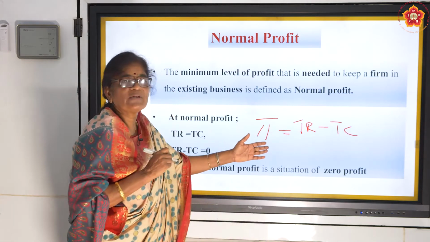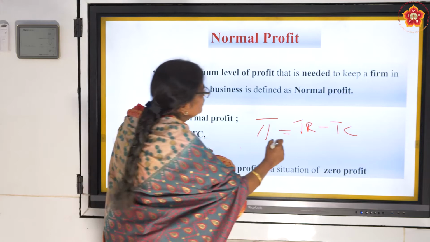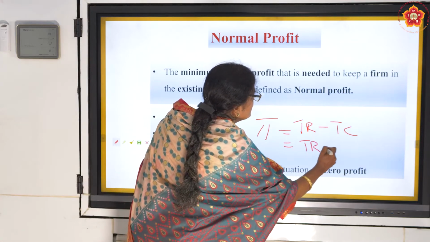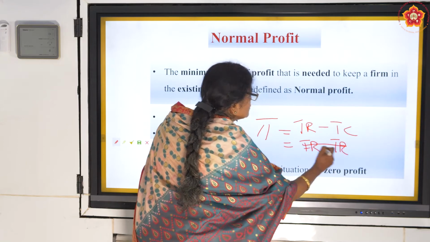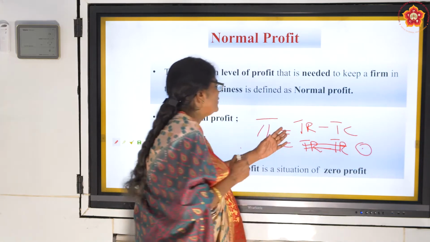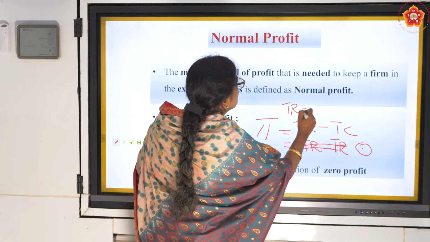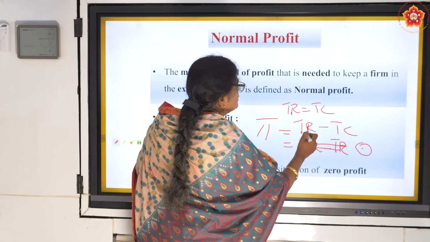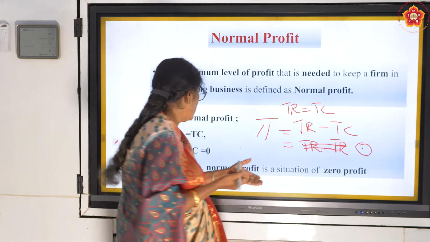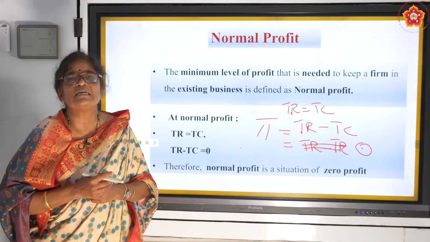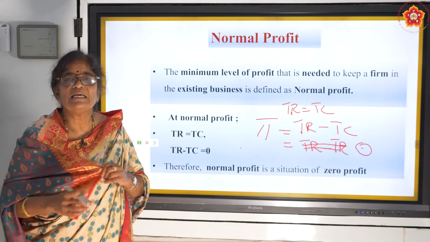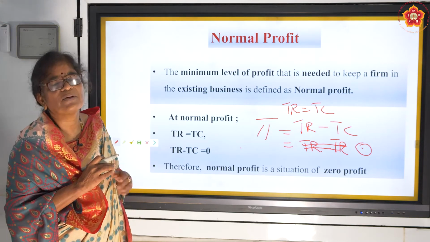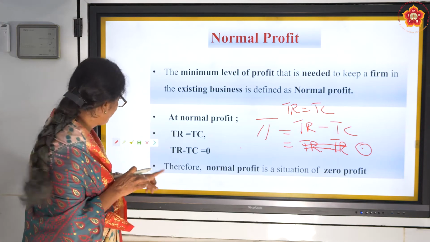But at normal profit, what is the condition? TR is equal to TC. Therefore, it gives us 0. When TR is equal to TC, pi is equal to 0. Therefore, normal profit is also called a situation of zero profit. When TR is equal to TC, the firm doesn't earn any extra profit, it's a zero profit.